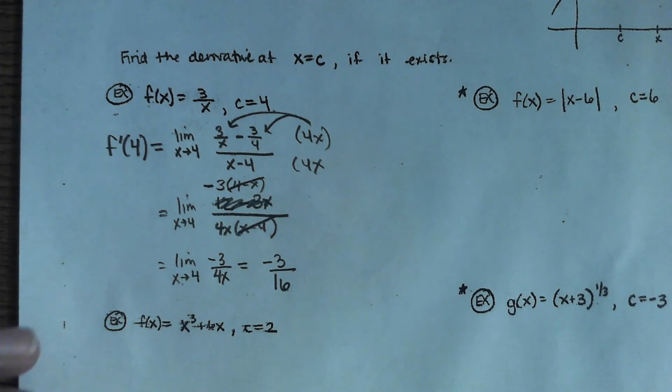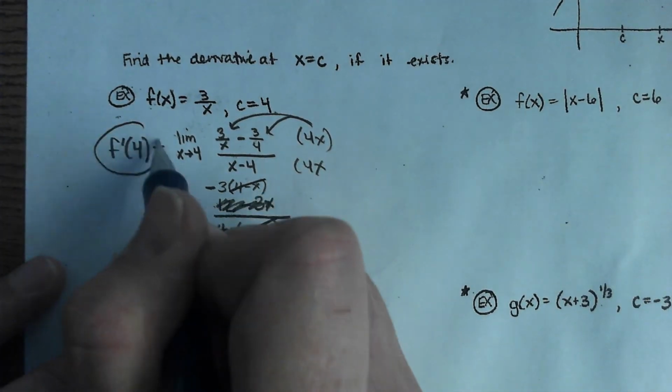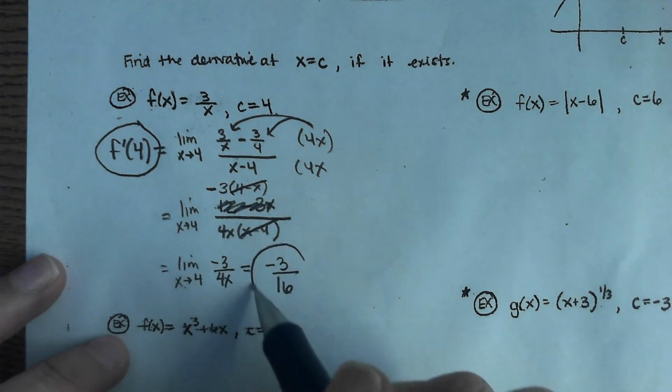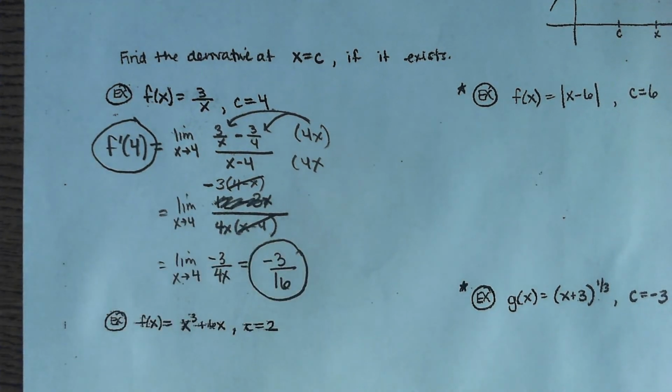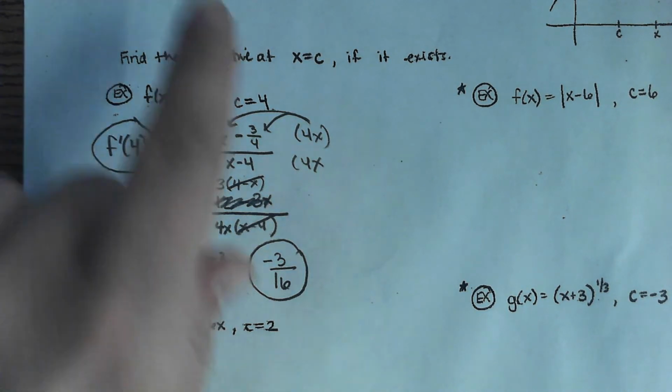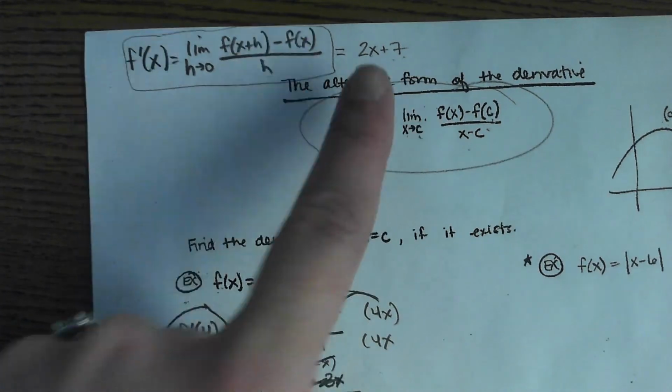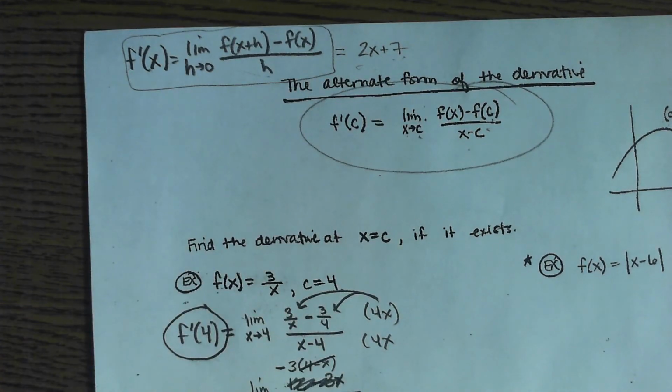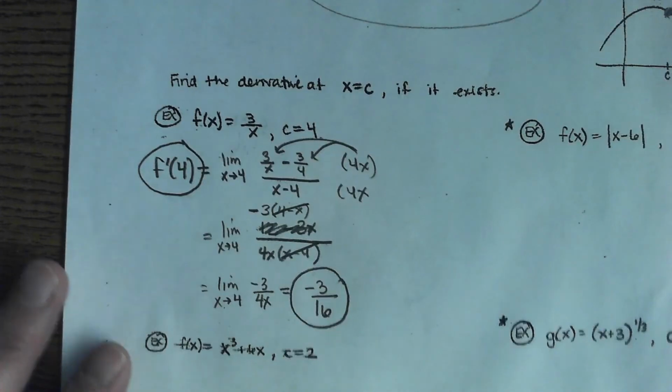So what I find specifically is that on this function, the slope at 4 is negative 3/16. So again, rather than finding a generic equation and then plugging in 4, we do it right from the start. We're only looking for the derivative at 4, so we can use that alternate form.